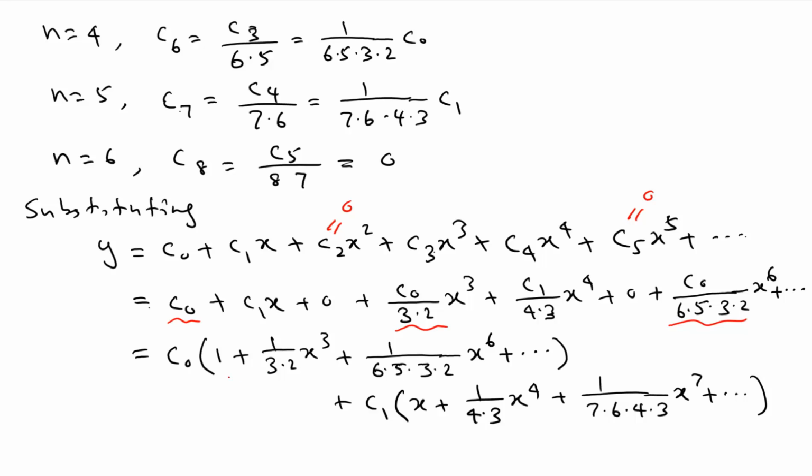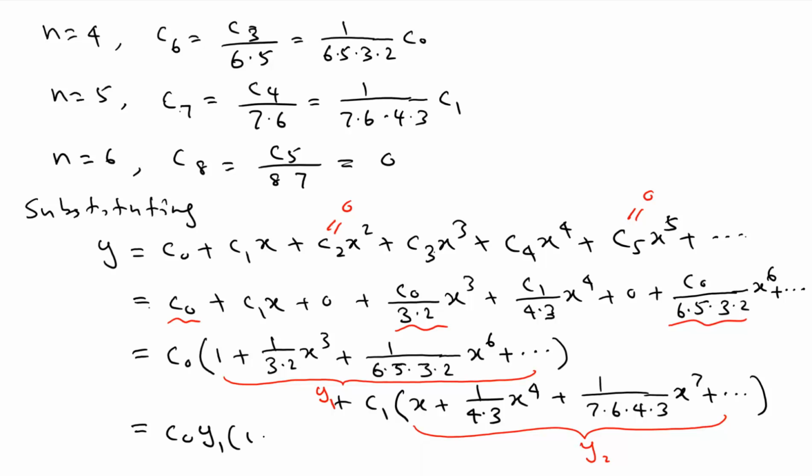We're going to call this y1 and that y2. Then you can write your solution as c0 y1(x) plus c1 y2(x). So this is the solution of the equation.